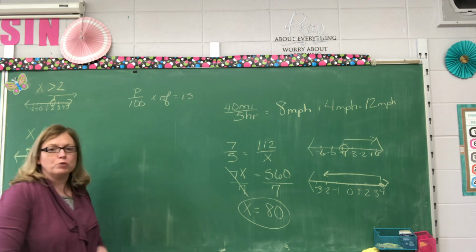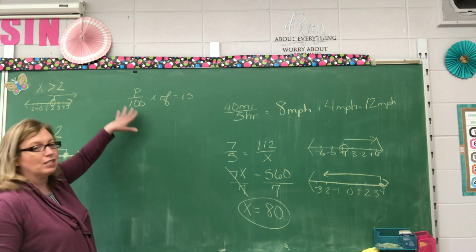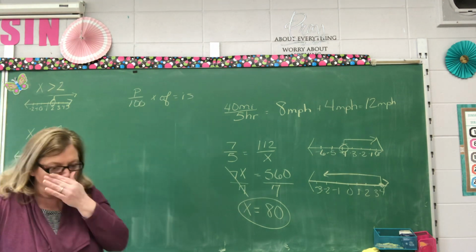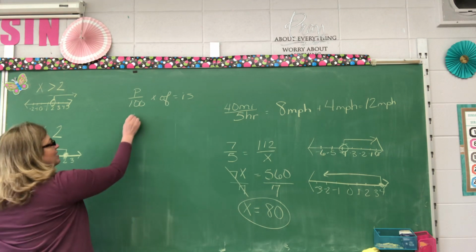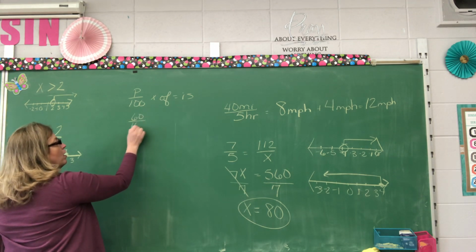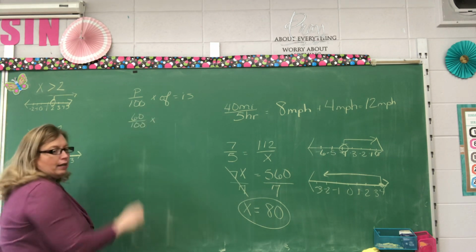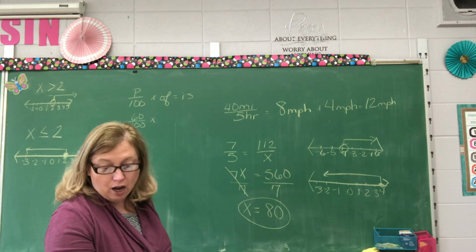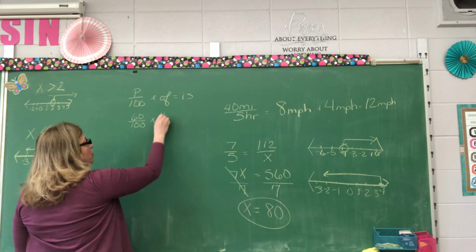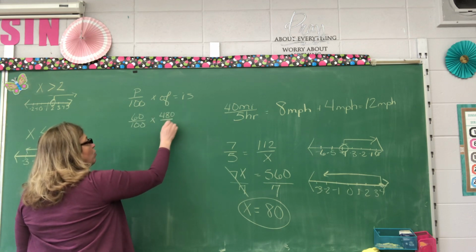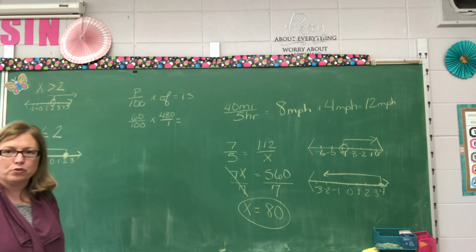The only difference between this and a fraction is we have to put the percent over 100. Look back at your story problem. It says 60%. So we're going to put 60 over 100 times, it says of, that's the of the how many? 48. So let's put 48 over 1 and equals.